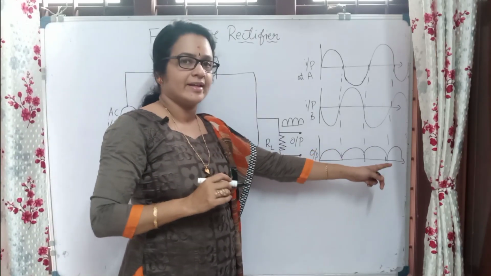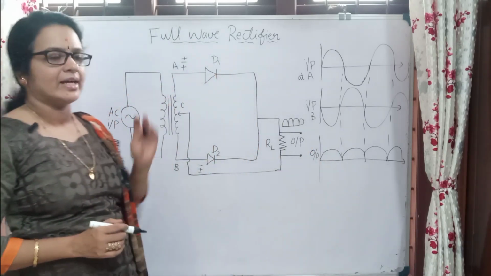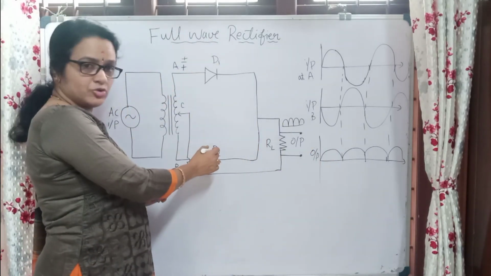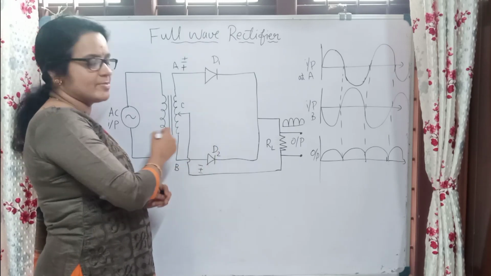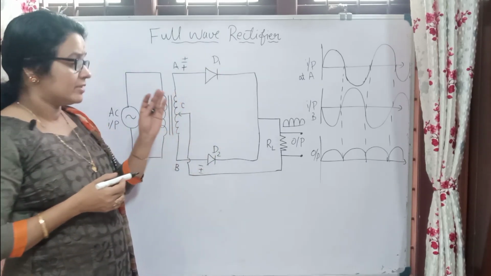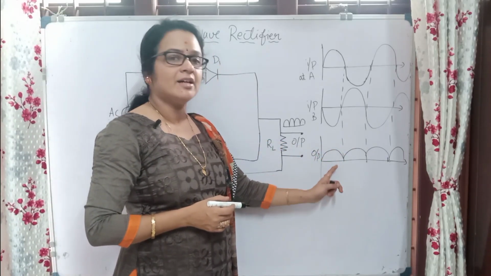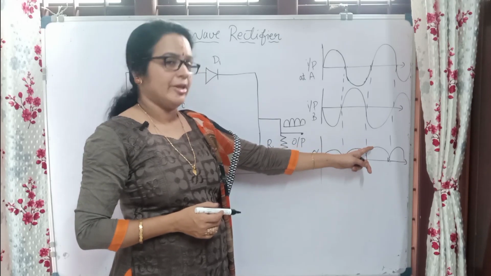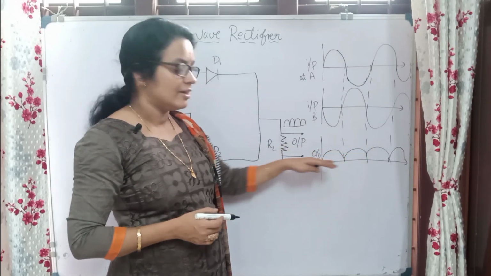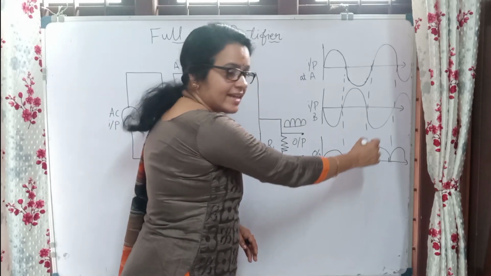So for alternating cases, D1 and D2 conduct in turn. First D1 conducts, then D2 is reverse biased. Then D2 conducts, then D1 is reverse biased. So the output we can see here is the complete wave, and it is in the DC form. But the main thing is that here we are not getting an exact DC.